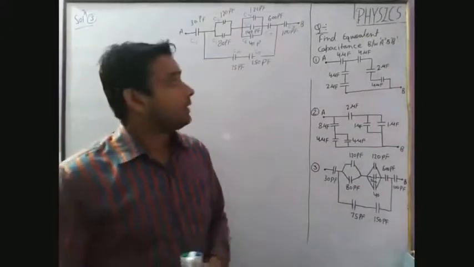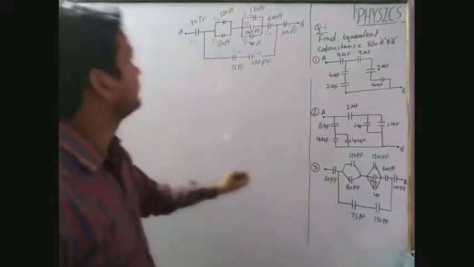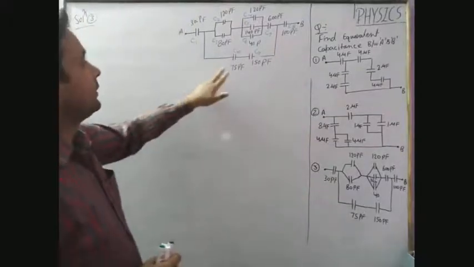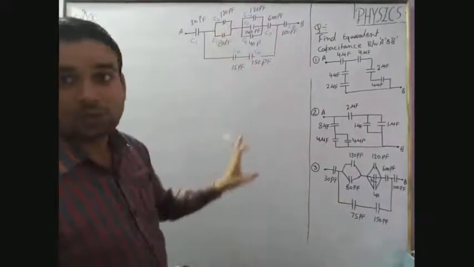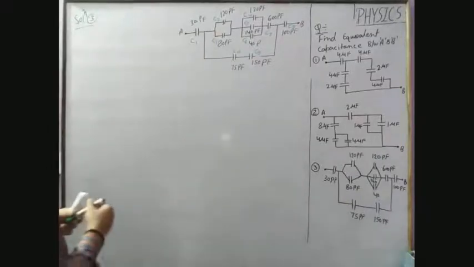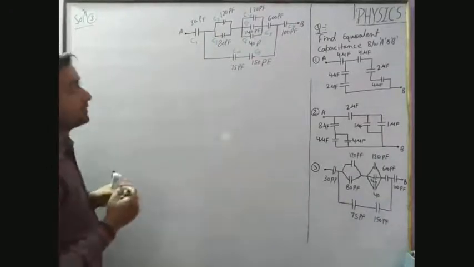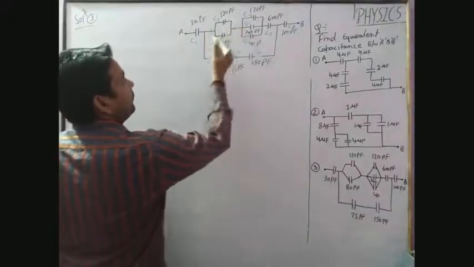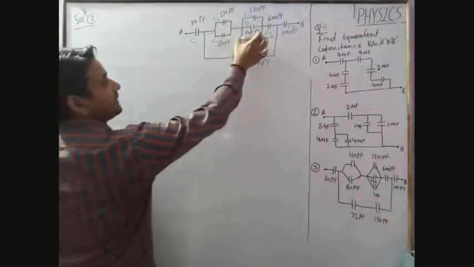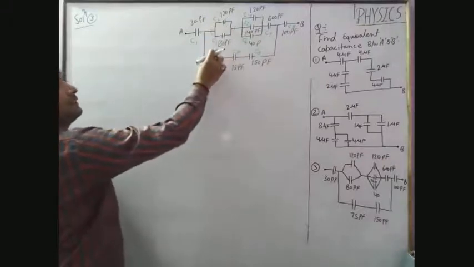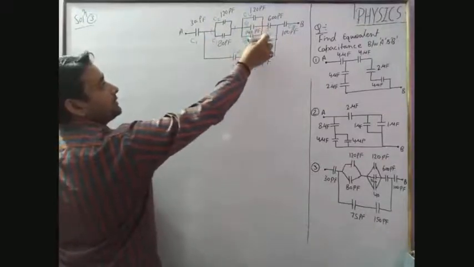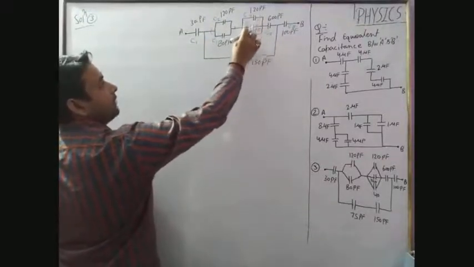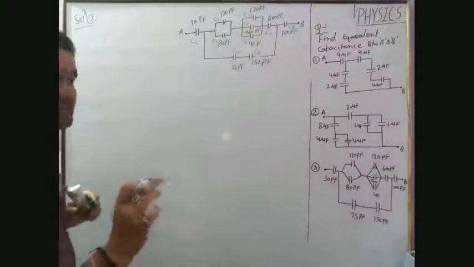Okay students, next we have the third, in which we have the 10 capacitors connected across each other. Okay, and you will very easily understand here that first circuit and second circuit, in which C2 and C3 in parallel, and in the second circuit C4, C5 and C6 in parallel. First we solve the two.